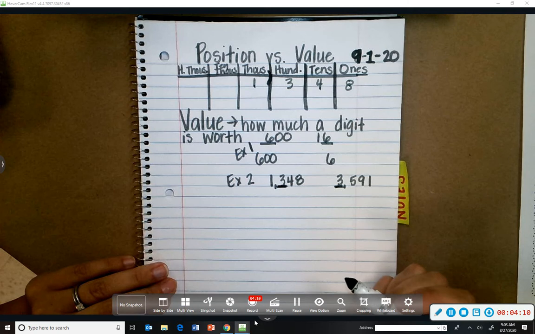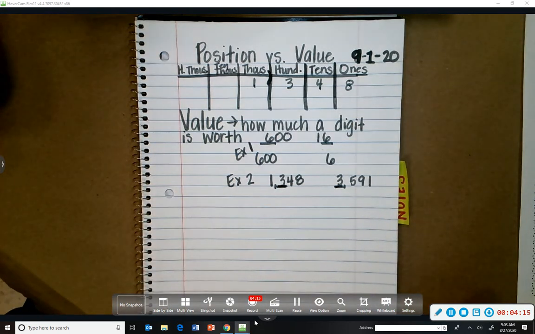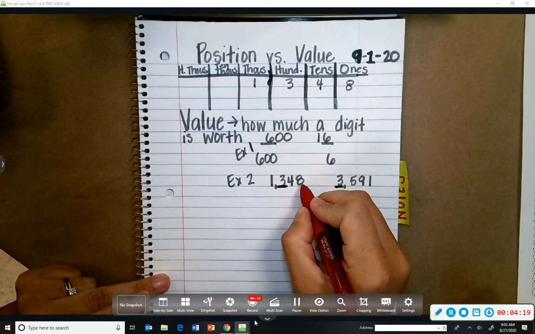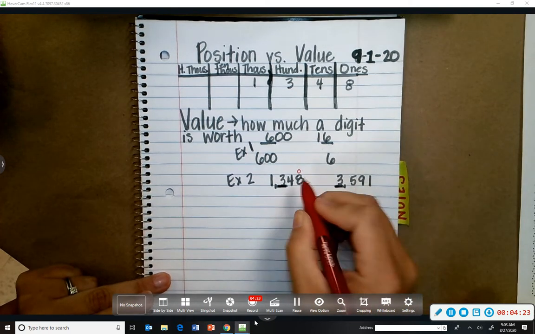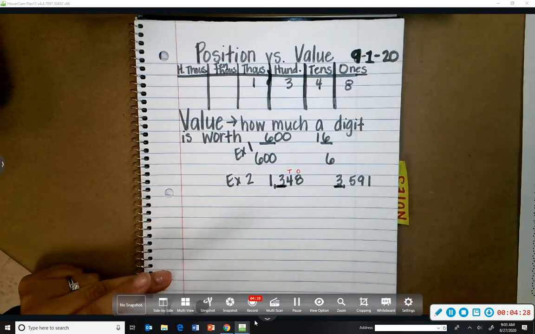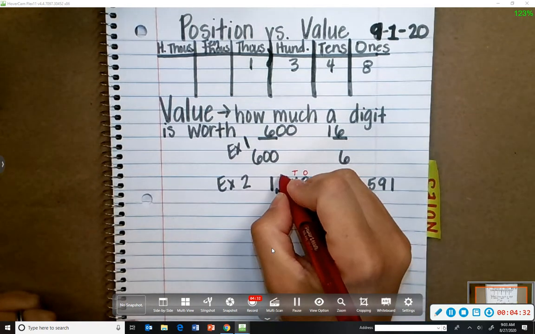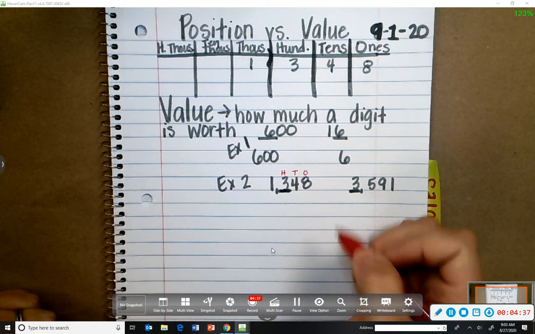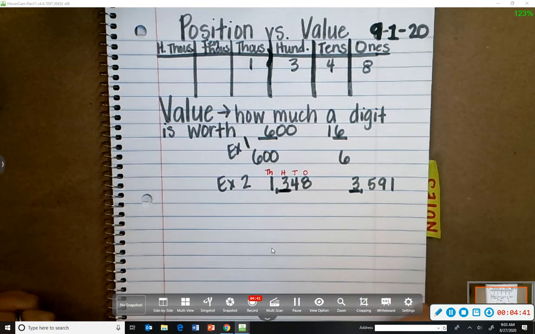Or what you can also do is just label the numbers starting from the right going towards the left. For example, this is an 8 in the ones place, so I could just put an O above that 8. The 4 is in the tens place, so I could put a T there. The 3 is in the hundreds place, so we're going to put an H there. The 1 is in the thousands place, so we can just label that TH for thousands.